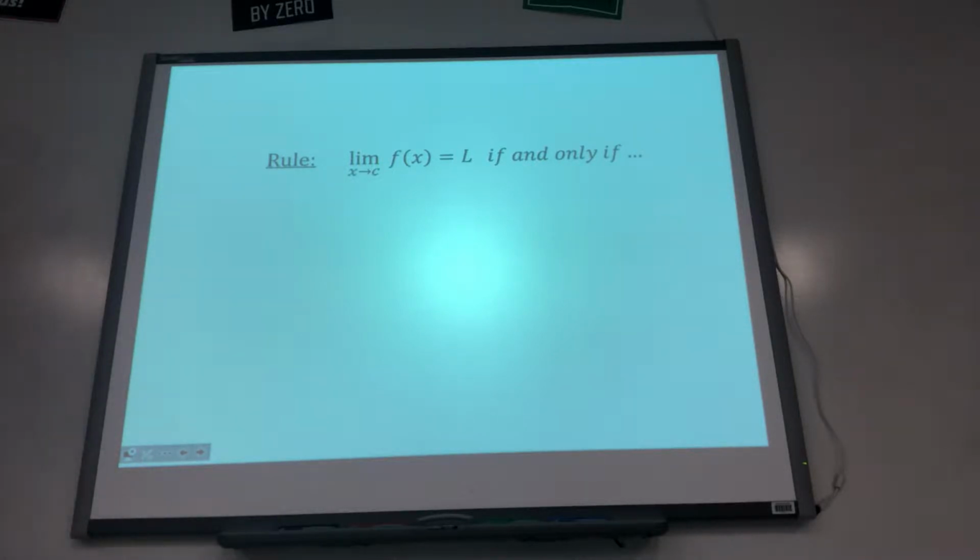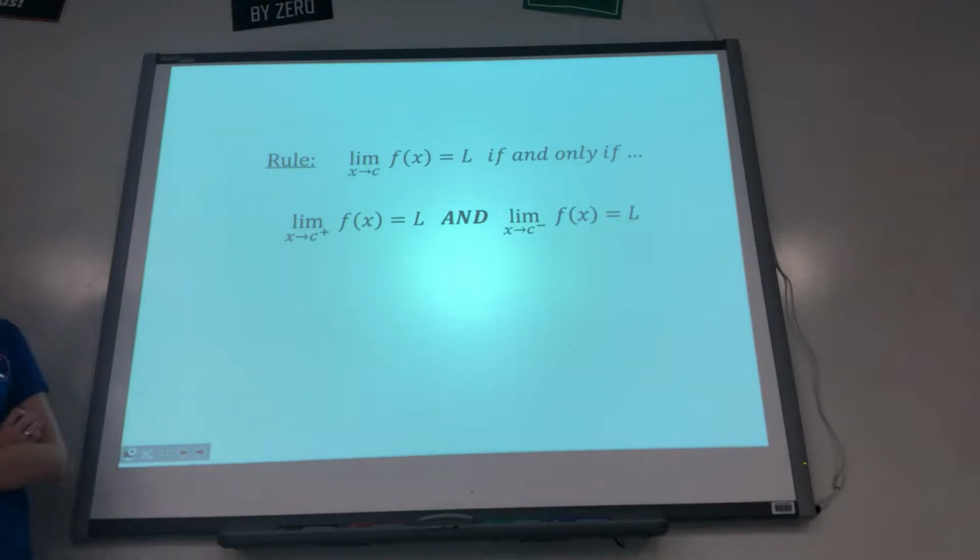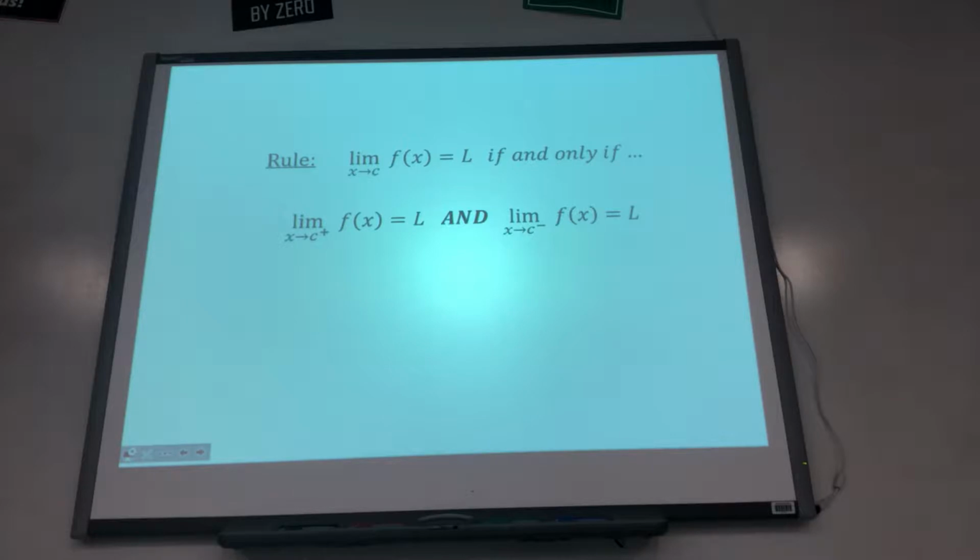It starts out by saying the limit as x approaches c of f of x equals L, that's just your limit, whatever your answer is, if and only if the limit as x approaches c from the right, remember the plus sign means from the right, of f of x equals L, and the limit as x approaches c from the left of f of x equals L. L is the same thing here, it's just whatever that limit is.